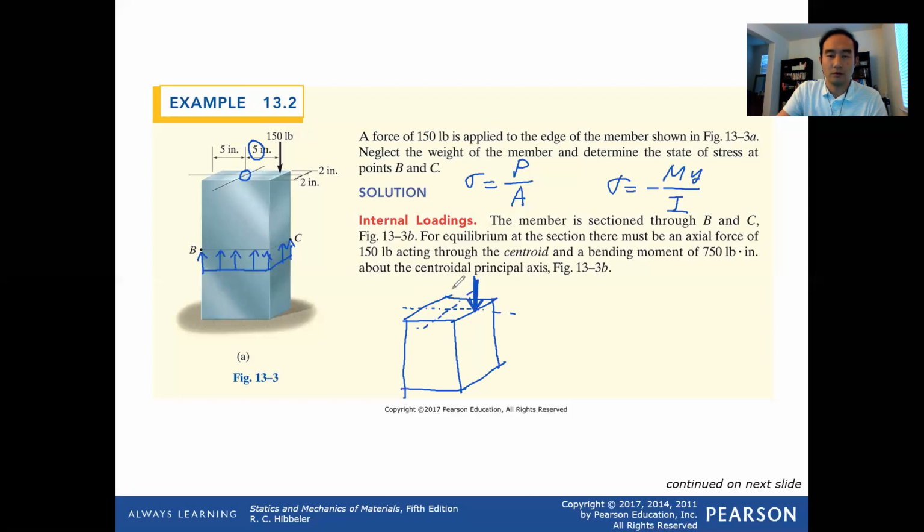From this center line, this offset is going to be 5 inches. So the corresponding moment due to this offset is going to be 150 pounds of force times 5 inches, the moment arm. So it is going to be 750 pound-inches. That is going to be the moment here.